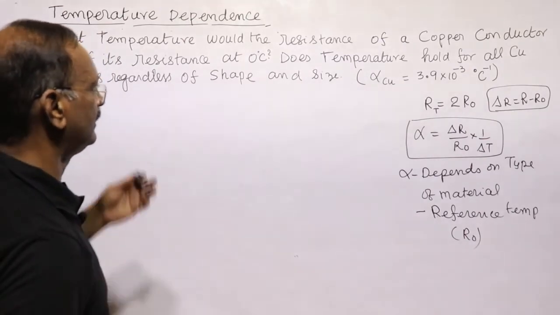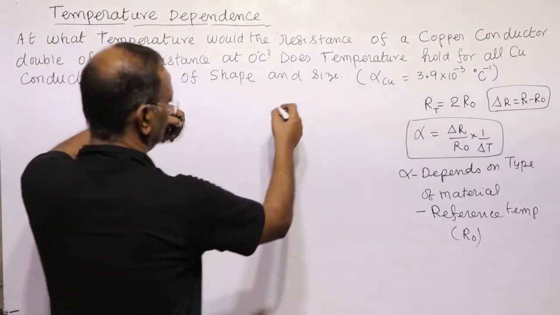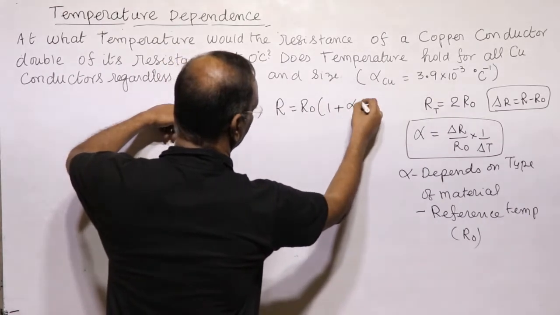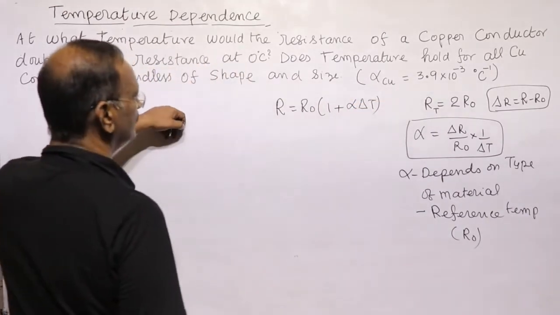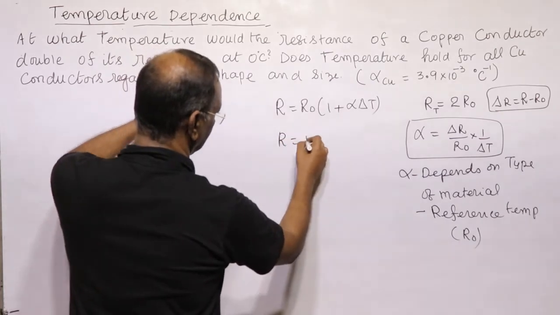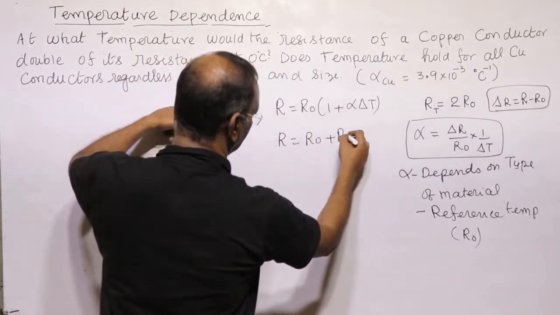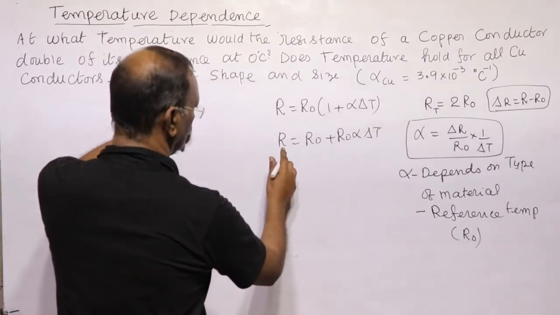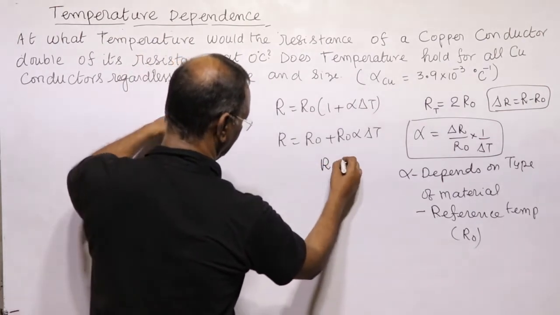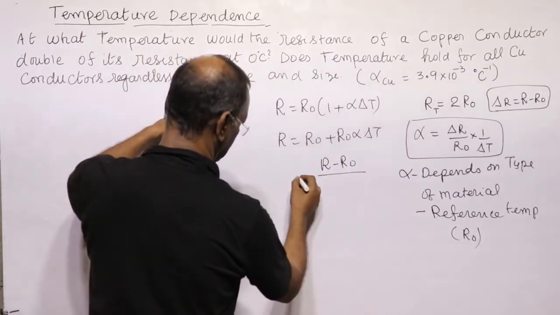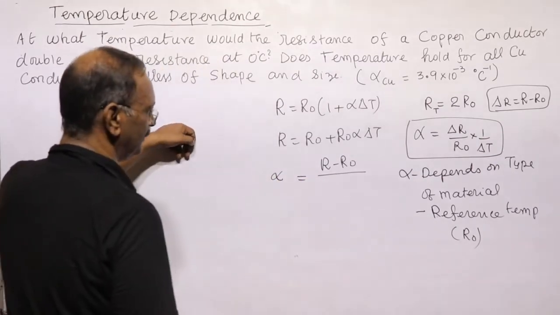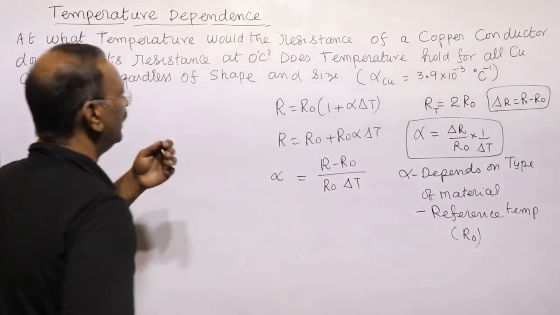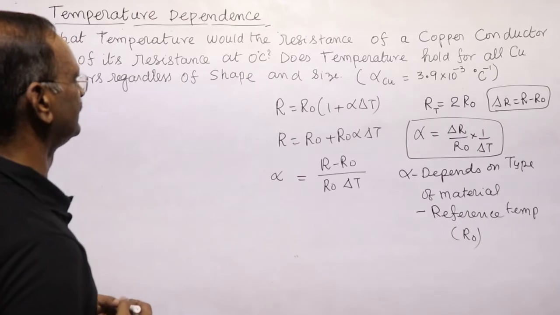Now let us find out what is RT. We know R is equal to R naught into 1 plus alpha into delta T. So R is equal to R naught plus R naught into alpha into delta T. R minus R naught divided by R naught into delta T gives alpha, a simple simplification, nothing else.